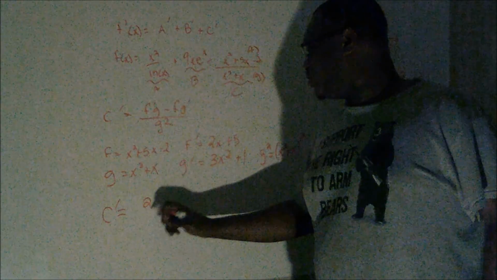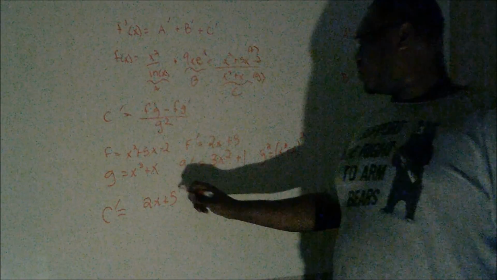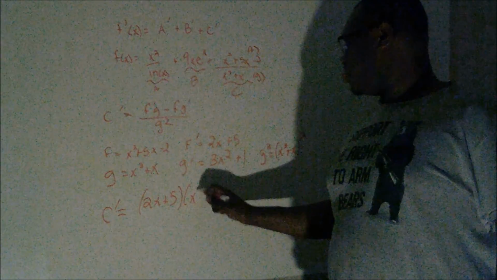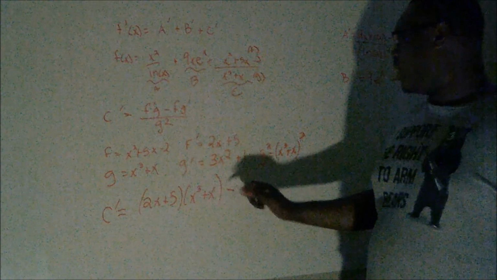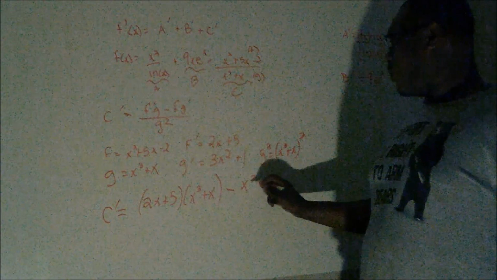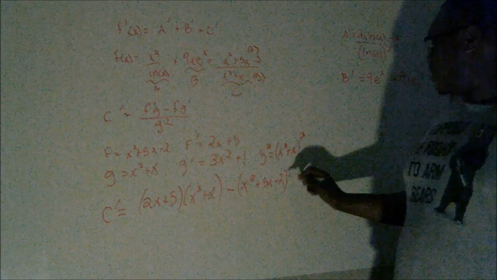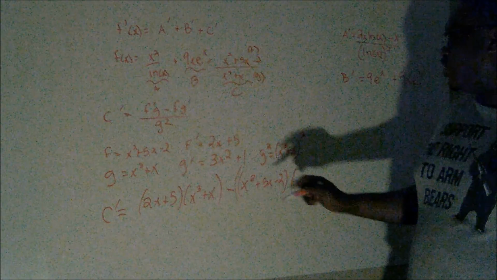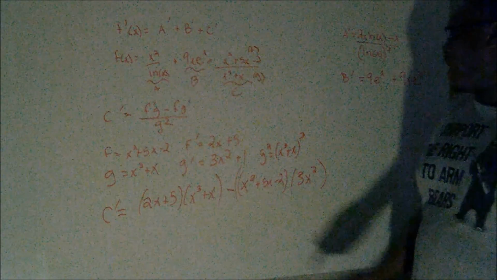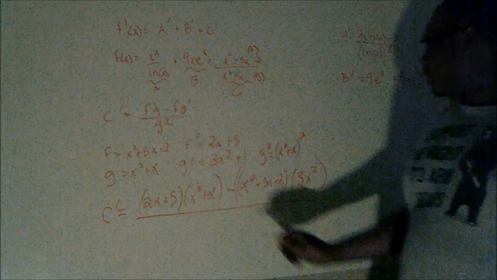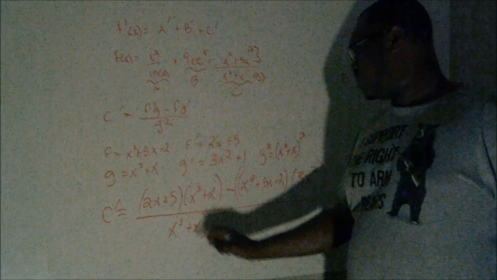So f prime, which is 2x plus 5, times g, which we say is x cubed plus x, and then minus f g prime, so it's going to be minus f, which we say is x squared plus 5x minus 2, put that in parentheses, times g prime, which we said was 3x squared, all that over g squared. And g squared we just said was x cubed plus x squared.